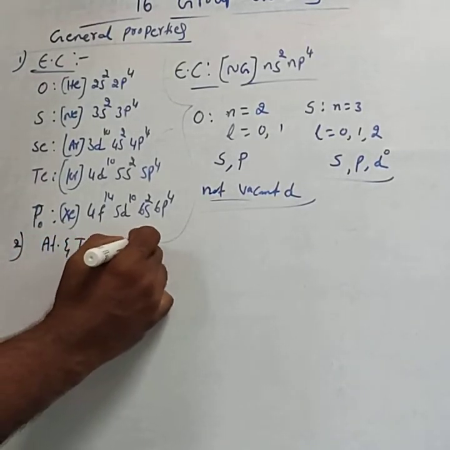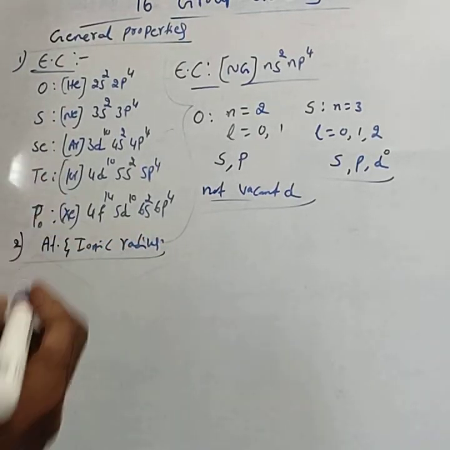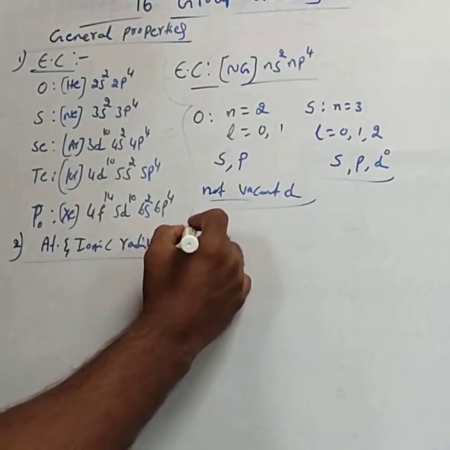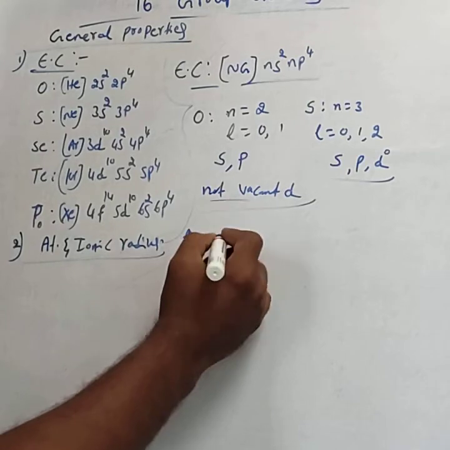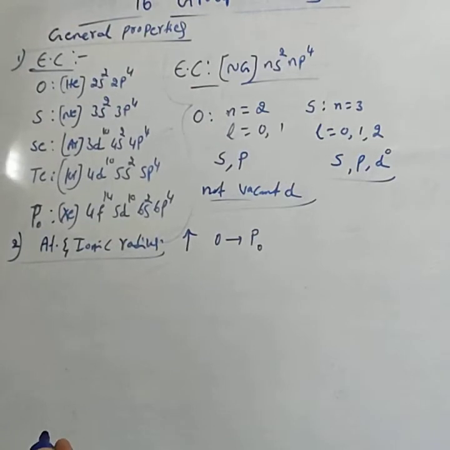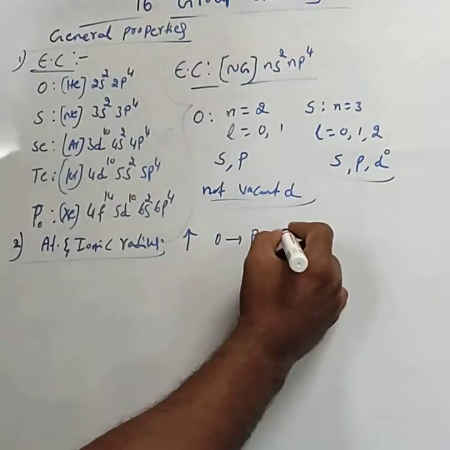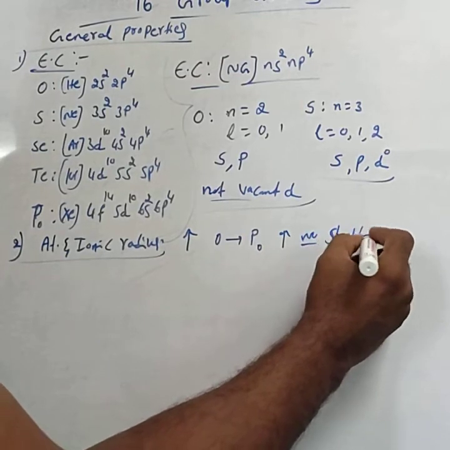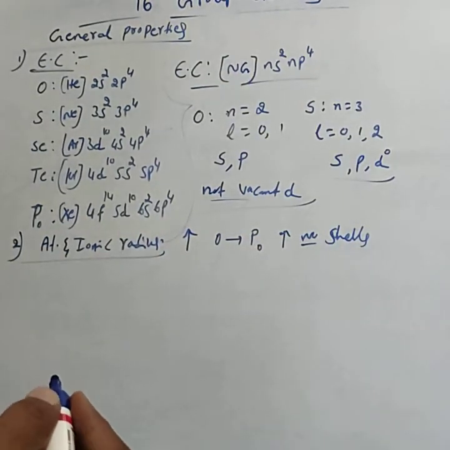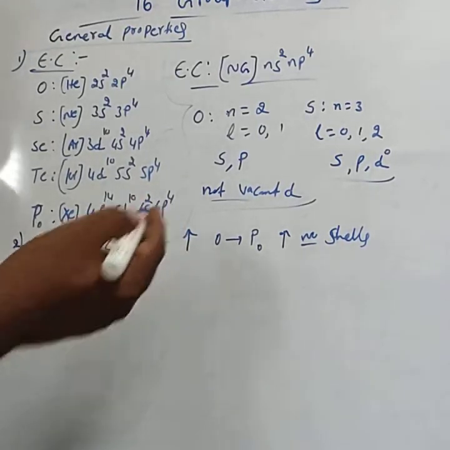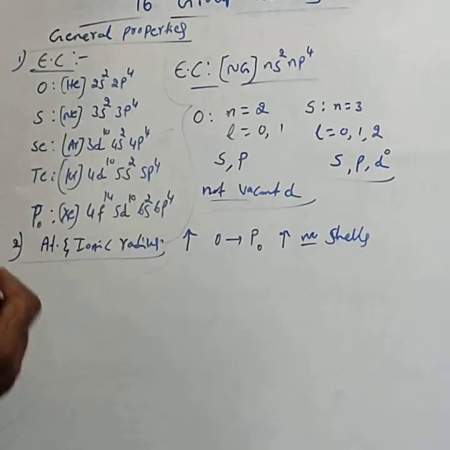Atomic and ionic radius increases down the group, from oxygen to polonium, because of the increase in the number of shells, as electrons enter new shells.